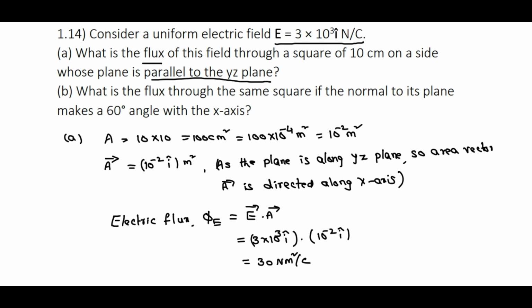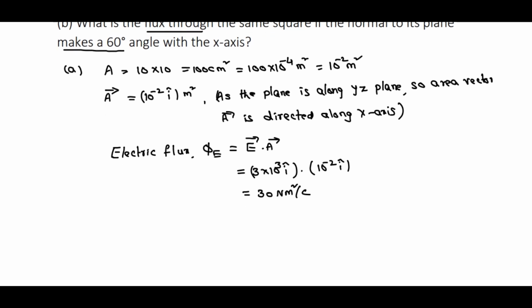While coming to part B, what is the flux through the same square if the normal to its plane makes a 60 degrees angle with x-axis? Here in this previous subpart, theta is 0, both are same in direction. But in this case, theta is given as 60 degrees.